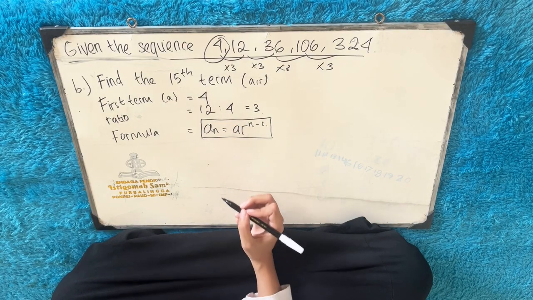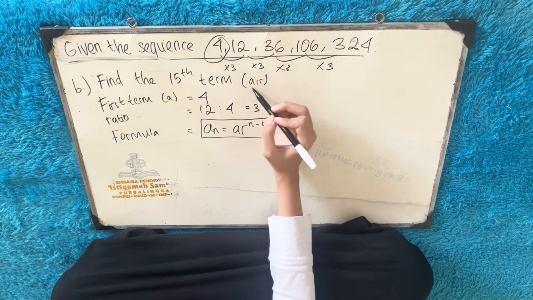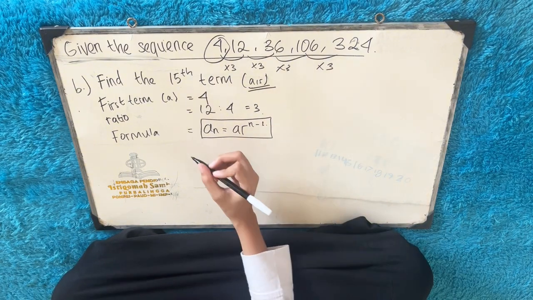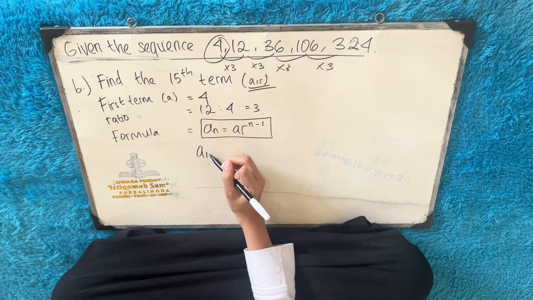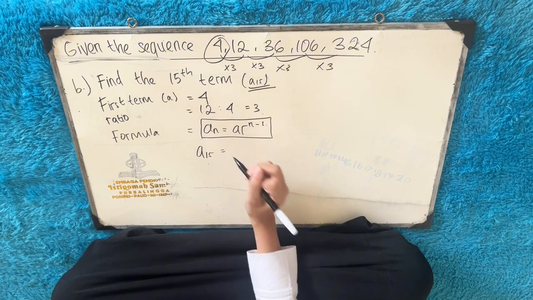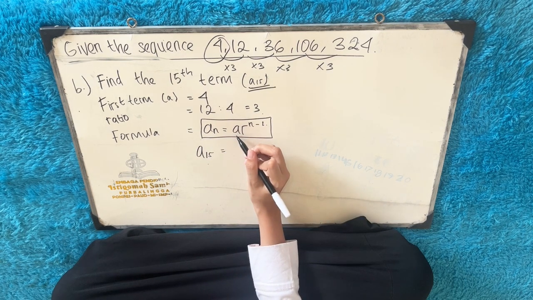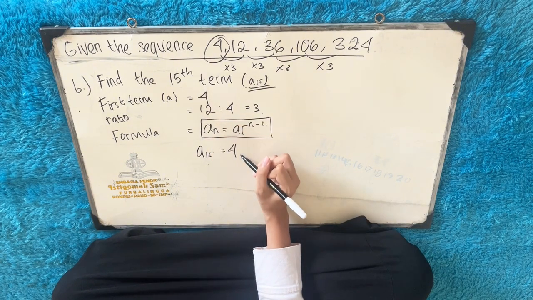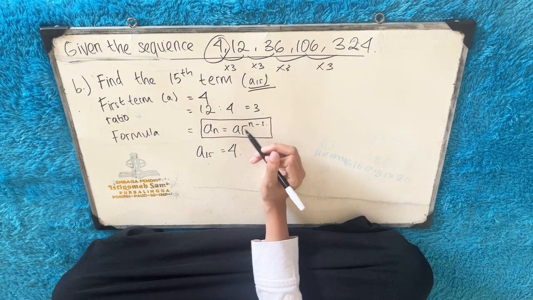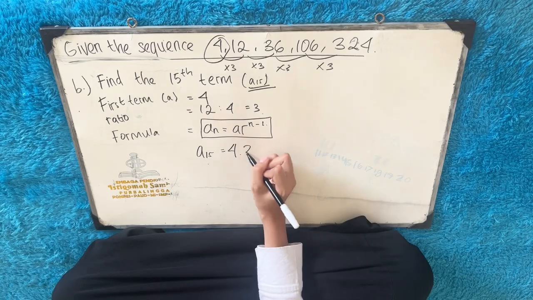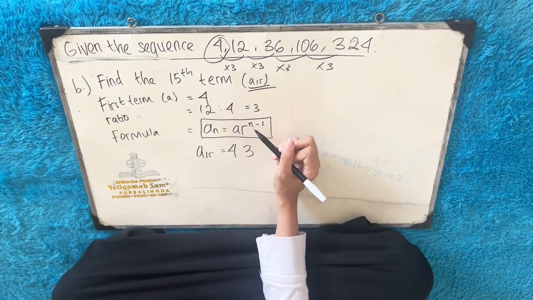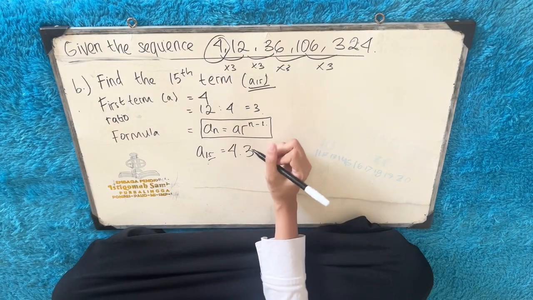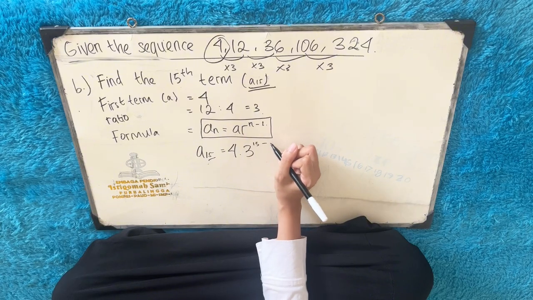So a sub 15 equals a, the first term, is 4, so 4 times r, the ratio, is 3, and n is 15, so 15 minus 1.